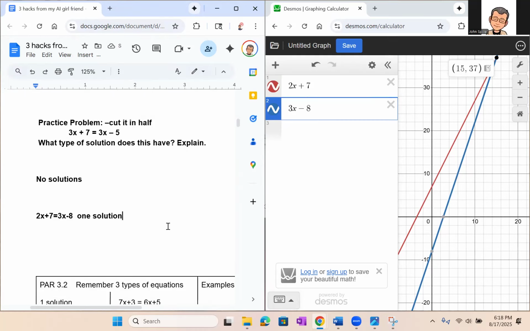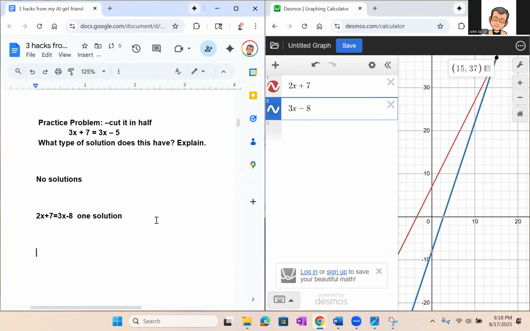X was 15. Here's another example. 3x plus 8, now let's make that 9. 3x plus 9 equals 3 times x plus 3. I don't know. What was our hack? Cut it in half.